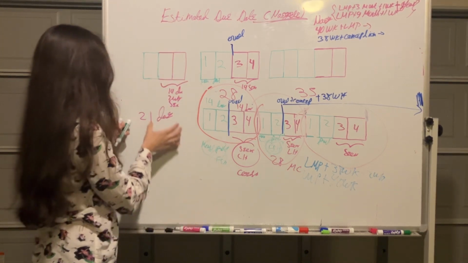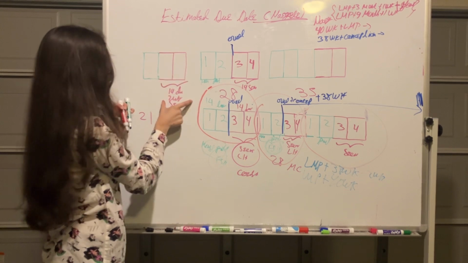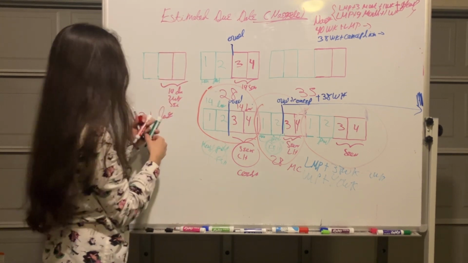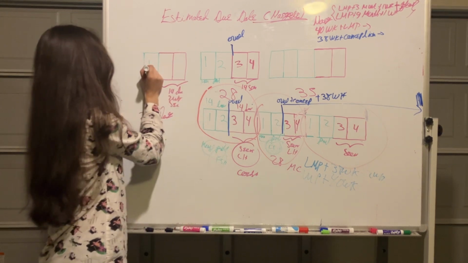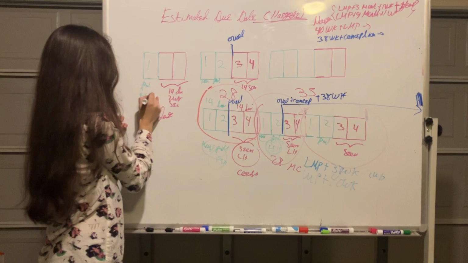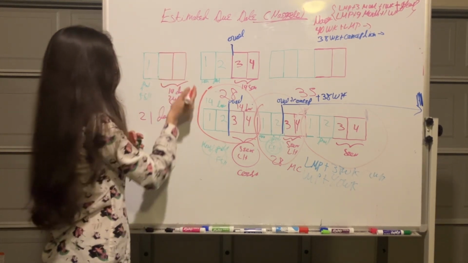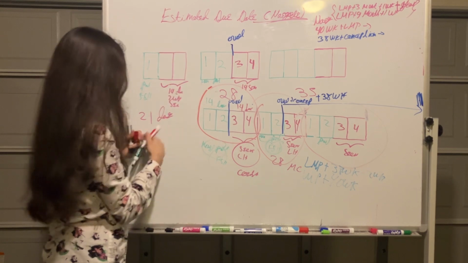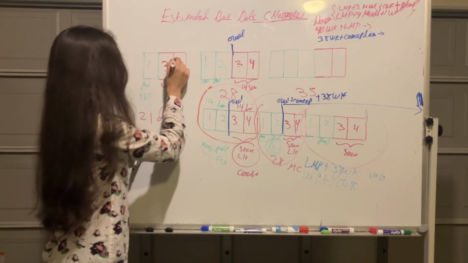And if this is 21 days and 2 weeks correspond to the secretory phase, so 1 week corresponds to the proliferative phase. So week 1 is the proliferative phase or FSH phase, and these 2 weeks are the secretory phase, week 2 and week 3.